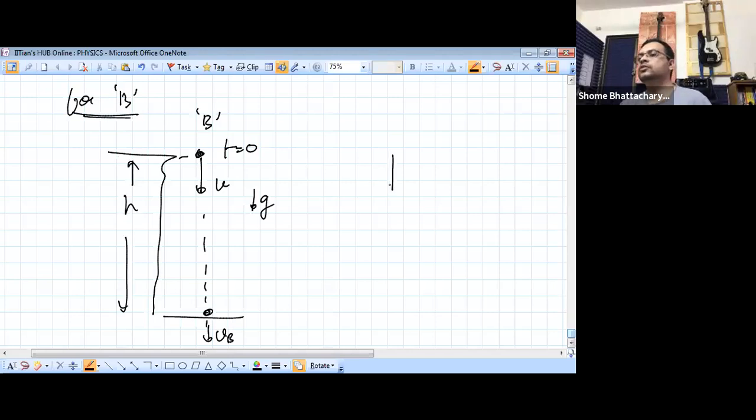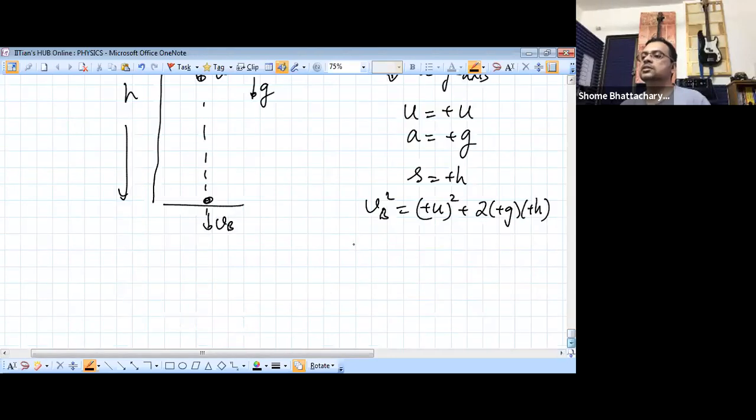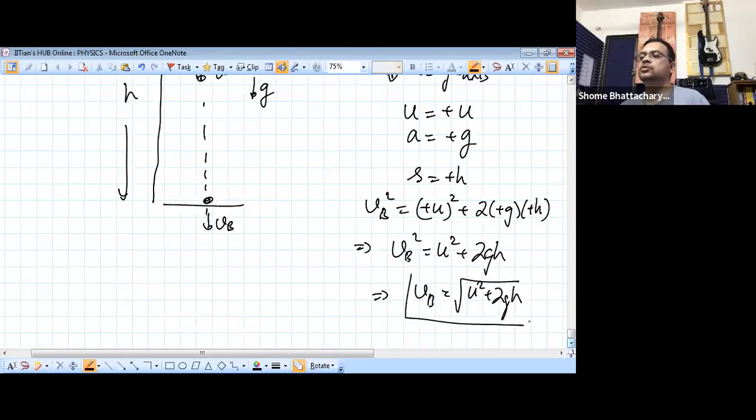For B, we can take the downward direction as the positive y-axis, because our initial velocity is downward. So we'll write u as plus u, a as plus g, and the displacement as plus h. So VB squared is equal to u squared plus 2 into g into h, the same relation. So VB is equal to square root of u squared plus 2gh.